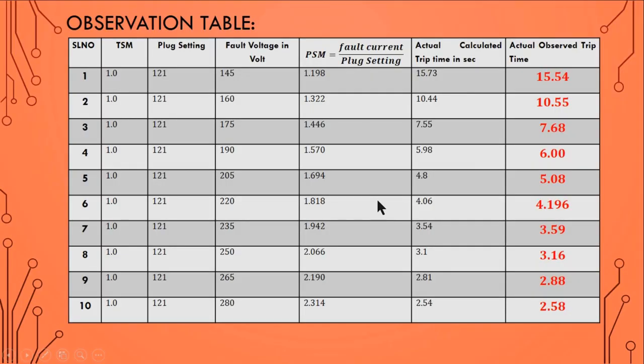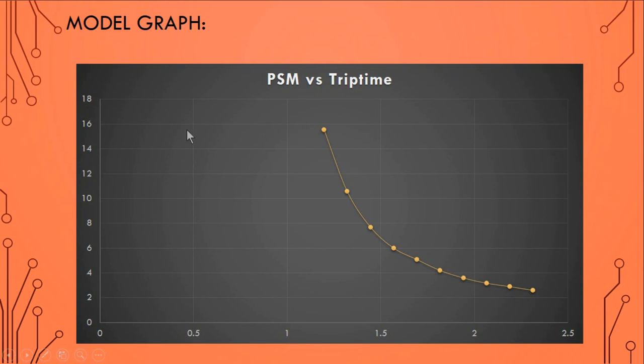Right now these are the observations that we got after performing the experiment. If we plot the graph, it will show an inverse characteristic. As you can see, on the x-axis we have the PSM, and on the y-axis the trip time.